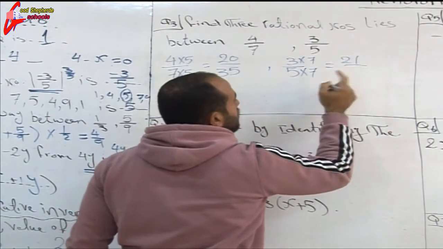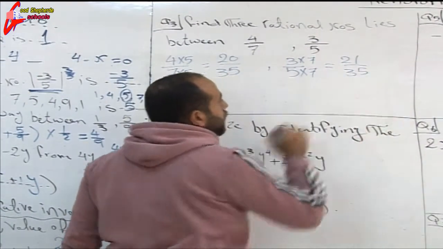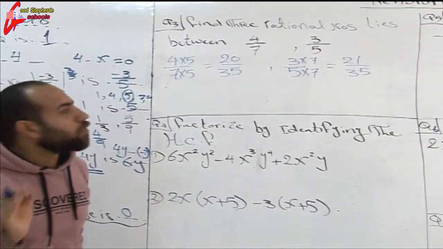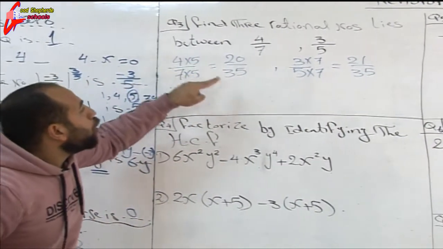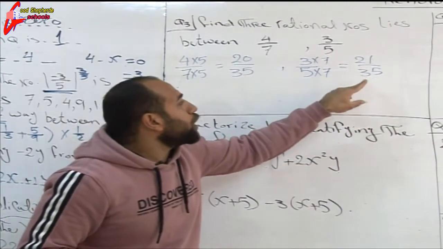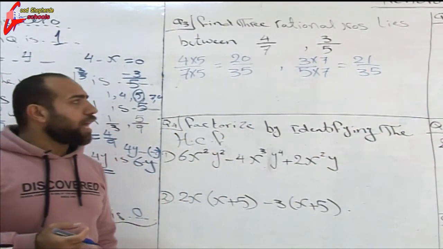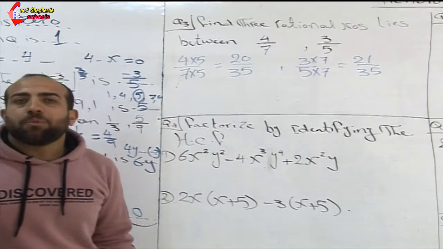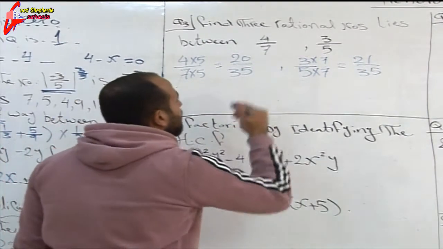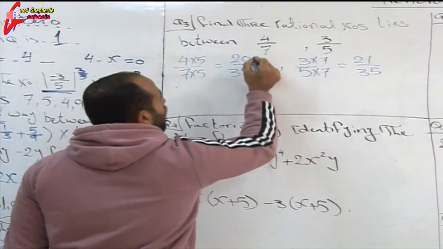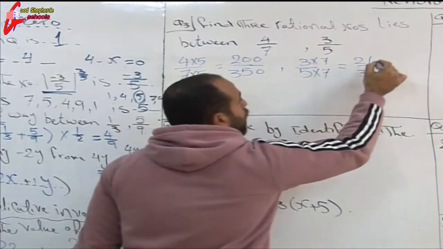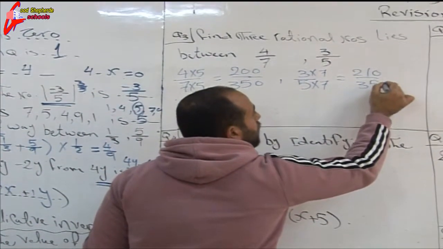5 times 7 is 35. So I have to find 3 rational numbers between 20 over 35 and 21 over 35. There is no rational number between them now. So multiply by 10, up and down. It will be 200 over 350 and 210 over 350.